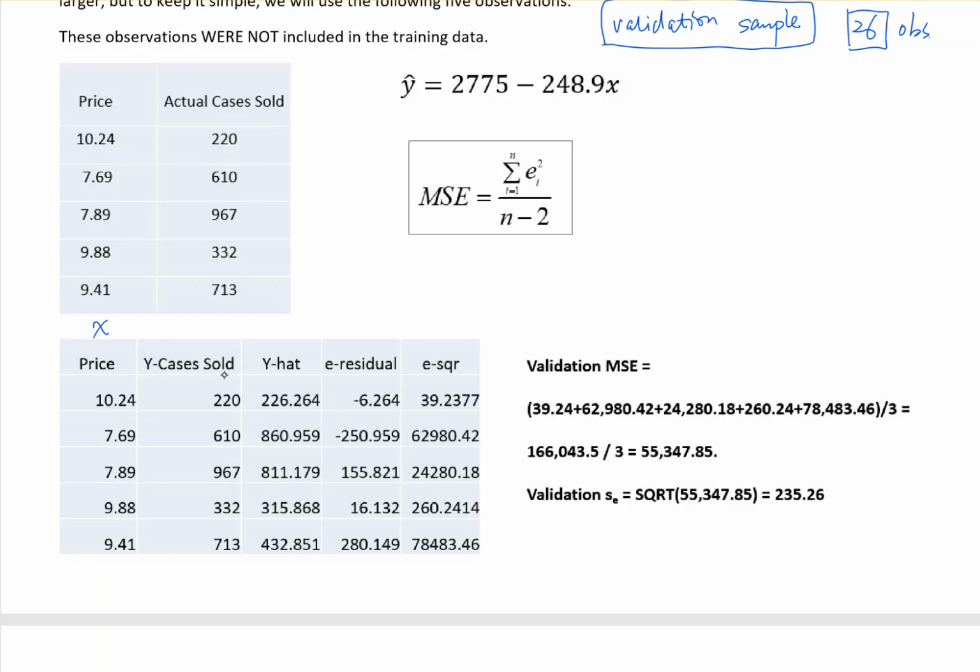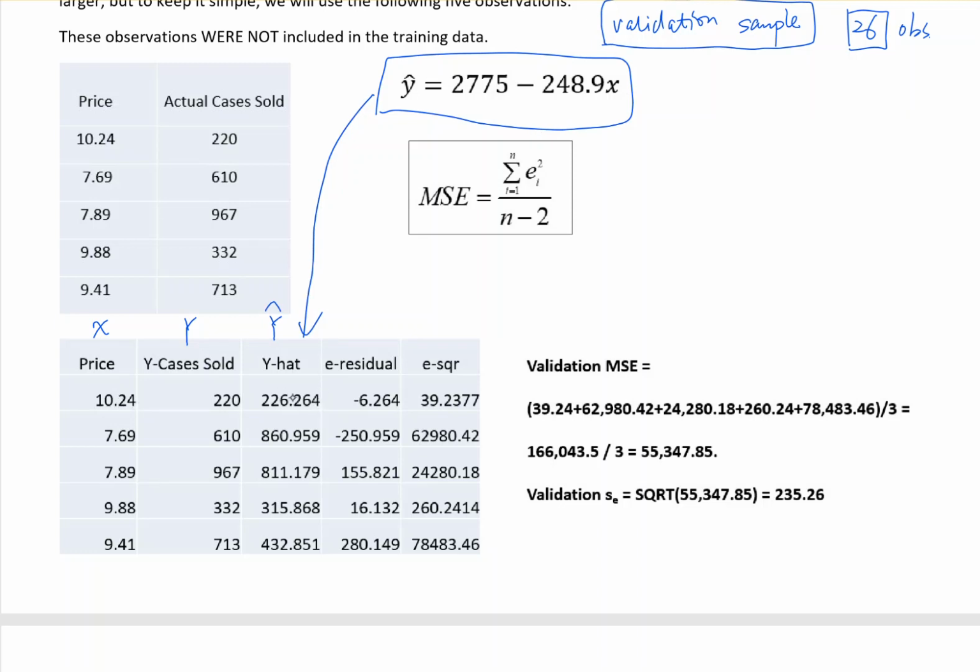Y is the cases sold, so this column is for the Y. Based on the X and Y, we get the linear regression equation, so that we can calculate the Y hat based on this linear regression. That means for every X, you can calculate the corresponding Y hat.